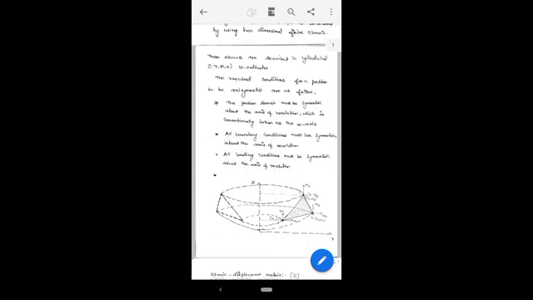The following requirement is highly essential for the axisymmetric problem. The problem domain must be symmetric about the axis of revolution, which is conventionally taken as the z axis. It is the main requirement and condition for the axisymmetric element. After that, all the boundary conditions must be symmetric about the axis.